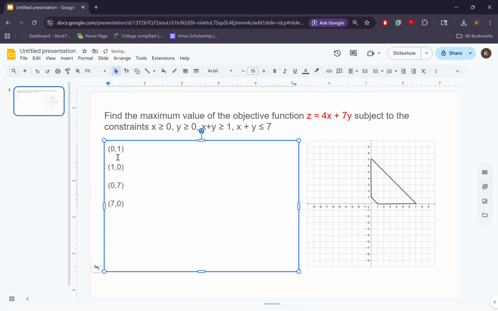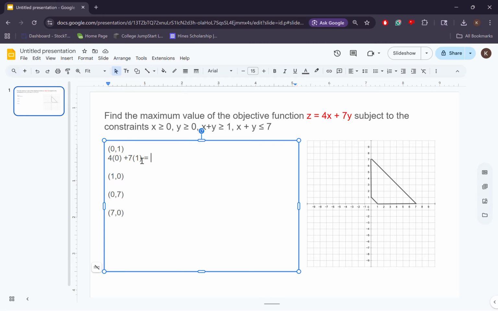Okay. Once we have all of these points lined out, we're going to plug the x and y values from all of them into the objective function z equals 4x plus 7y. For the first example, simple algebra, we're going to do 4 times 0 plus 7 times 1. This will come out to 4 times 0 equals 0 and 7 times 1 equals 7.